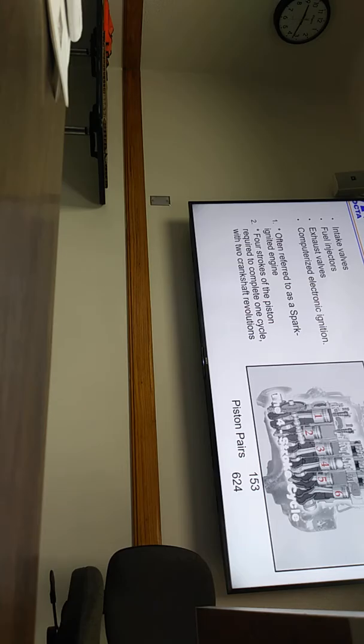The easiest way to figure out companion pairs is, for example, this is a 6-cylinder engine, right? So any 2 cylinders that add up to 7, 1 more than what you have, are companion pairs. 1 and 6, companion pairs. 2 and 5, companion pairs. 3 and 4, companion pairs. That means they're traveling in the same direction, not necessarily on the same stroke.